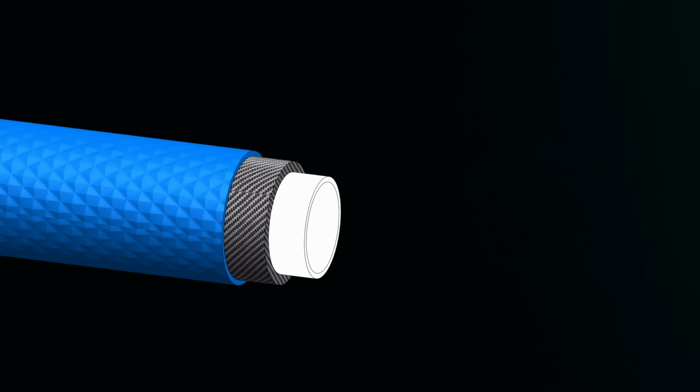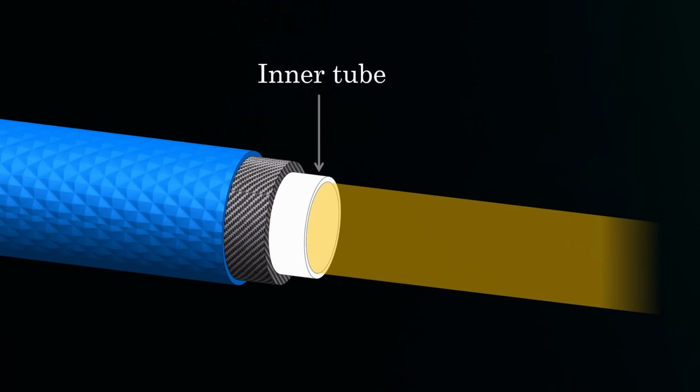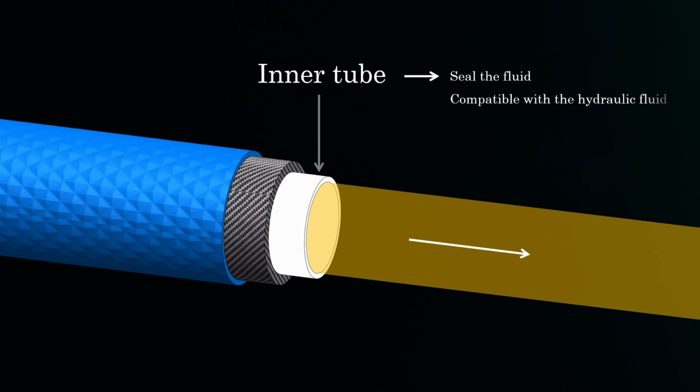Almost all hydraulic hoses are built using three basic layers. The first layer is the inner tube. This layer is in direct contact with the hydraulic oil. Its job is to seal the fluid and guide the flow. It must be compatible with the hydraulic fluid. It also has to withstand temperature and chemical attacks from additives in the oil.